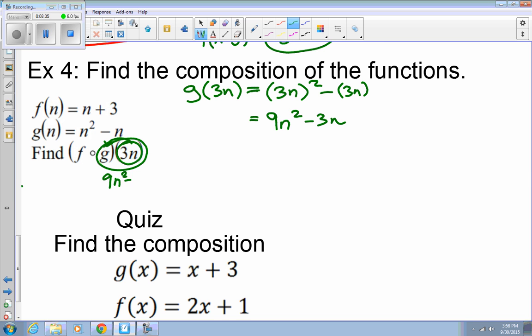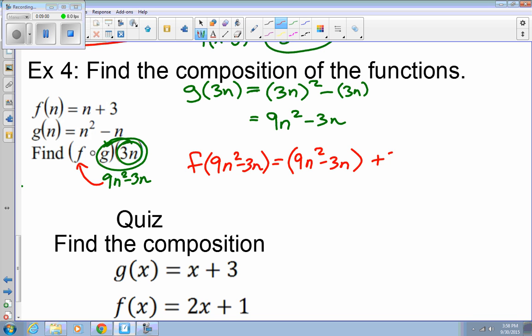I'm now going to take that, and I am going to use that to substitute in for the n in the f function. So I'm going to take the f function, and instead of n, I'm going to put in 9n squared minus 3n. So for the n, I'll put 9n squared minus 3n, and then plus 3. So that's n for this n right here.